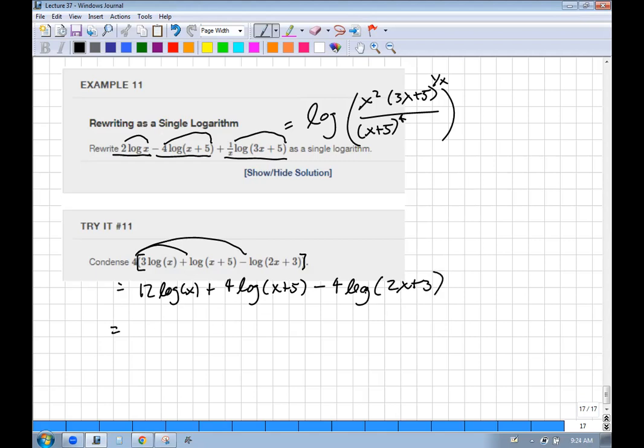So these are all the same base, all log base 10. This one gives me an x to the 12th. This one gives me an x plus 5 to the 4th. This one's negative, so it's on the bottom. It's a 2x plus 3, again, to the 4th.